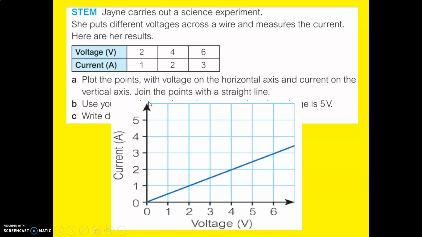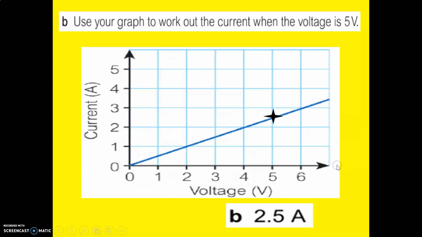So that is voltage 2 and current 1. Voltage 4, current 2. Voltage 6, current 3. And then join the points with a straight line. Second question.